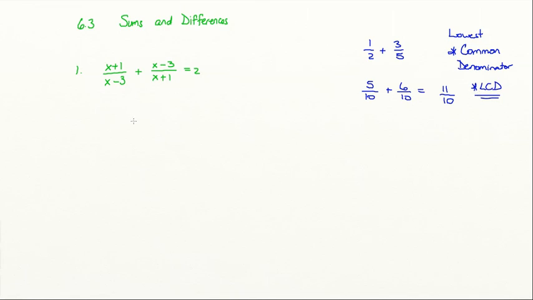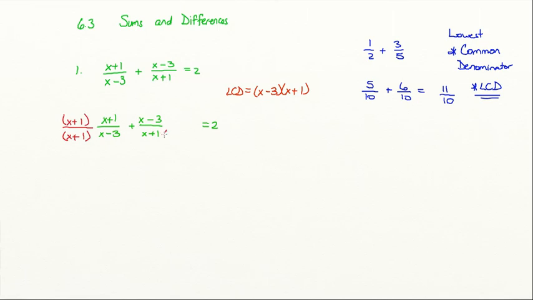So in this case, we need to find the lowest common denominator. And they look funny. So my lowest common denominator here is just going to be multiplying those together. So x minus 3 times x plus 1. And so my first fraction, well, there's really two ways we can do this, but I'll do it similar to the one we did before. The first fraction I'm going to be multiplying by x plus 1 at the bottom, which means I also have to multiply the top by x plus 1.